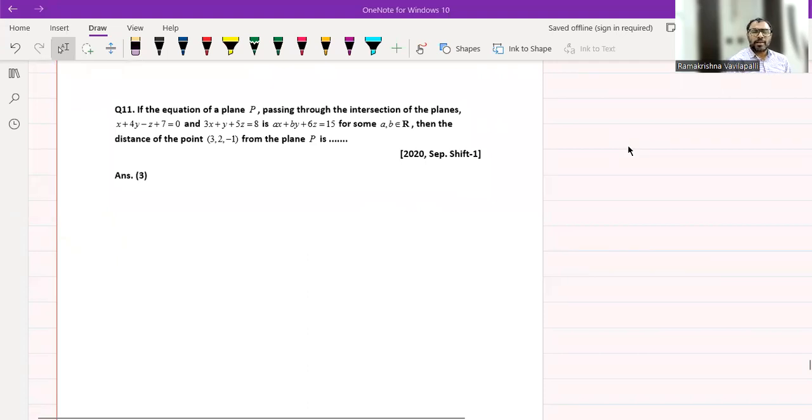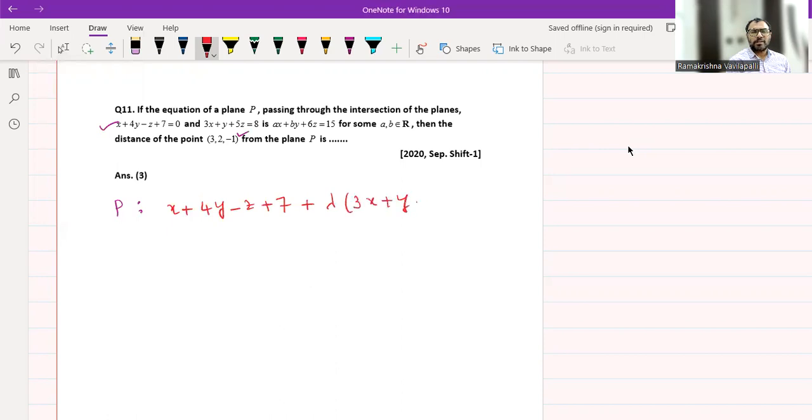Here is another question. A plane P passing through the line of intersection of two planes is this for some a and b. Then what is the distance of (3, 2, -1) from the plane? Okay, I'll write the plane equation P here. So x + 4y - z + 7 + λ(3x + y + 5z - 8) = 0.